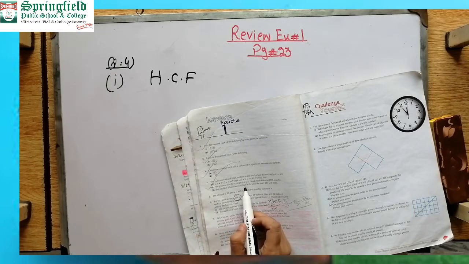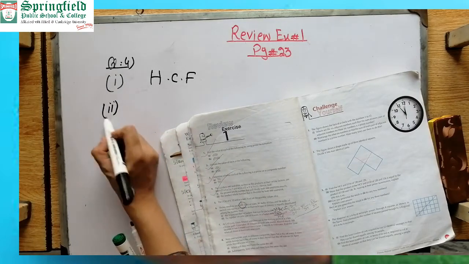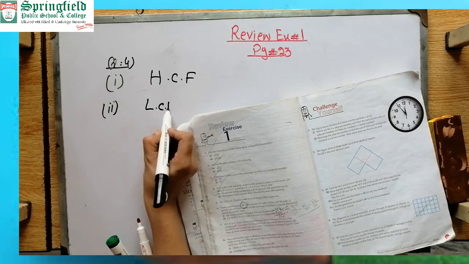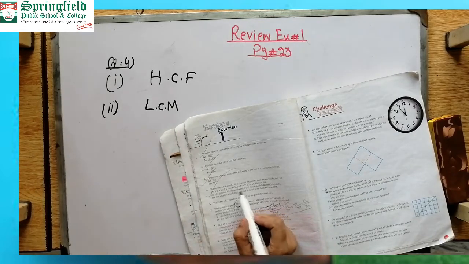the smallest whole number means LCM. In the second part you will find the LCM, and for the LCM you will write the factors of both the numbers, and then you will write the formula of LCM.